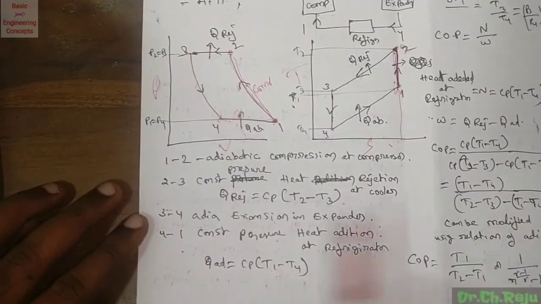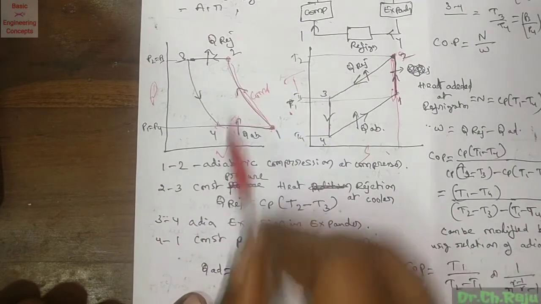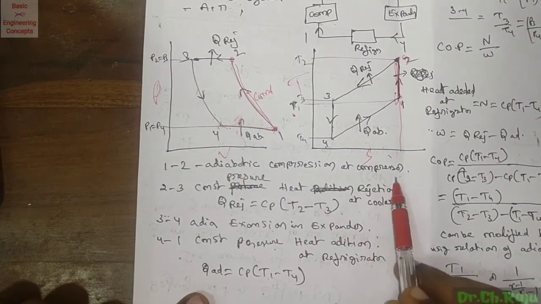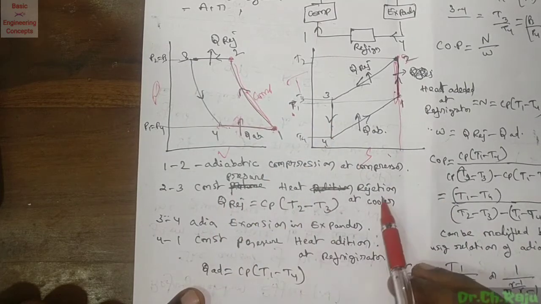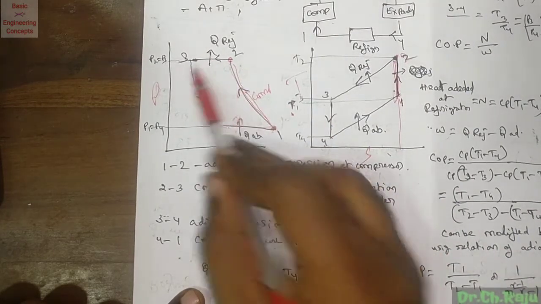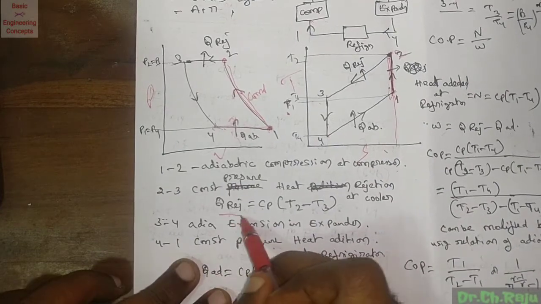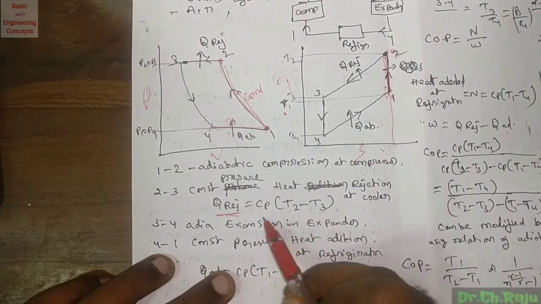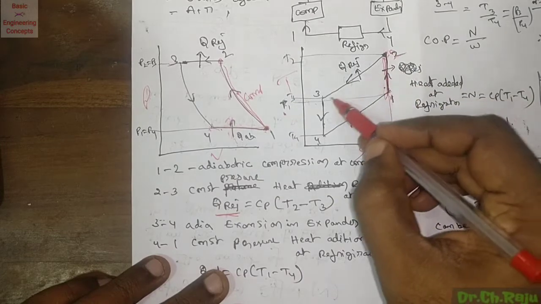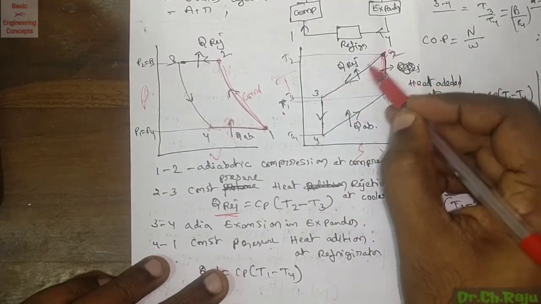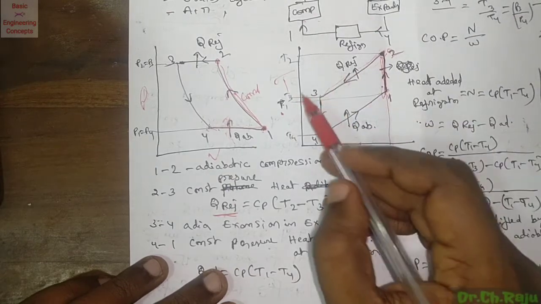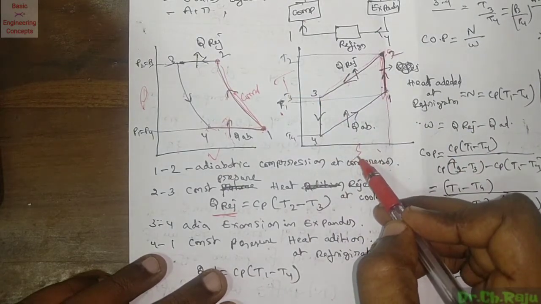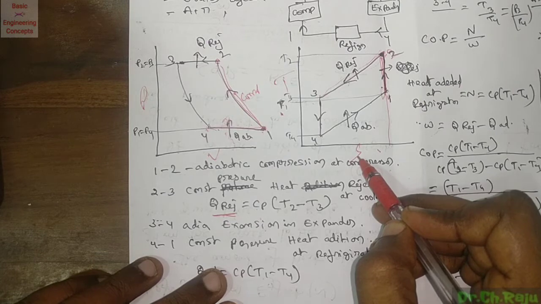So 1 to 2 is the adiabatic compression in the compressor. 2 to 3 is the constant pressure heat rejection. The area under the TS diagram is called heat transfer.